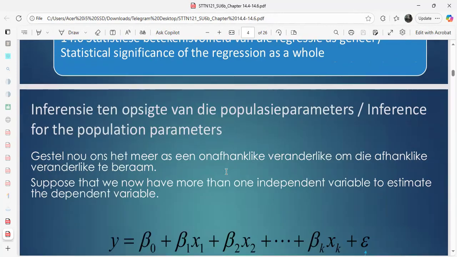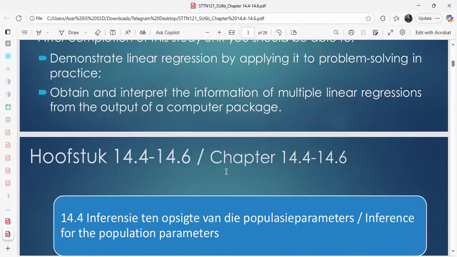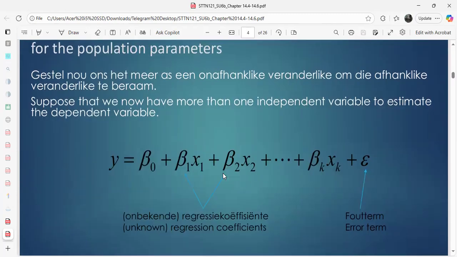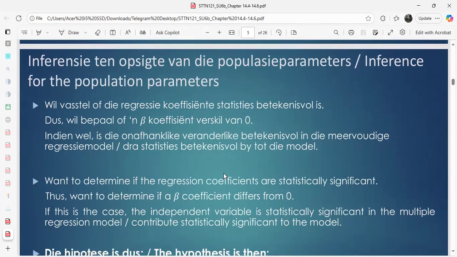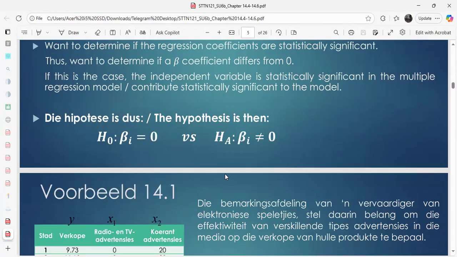I think it's 14.4 to 6. And another thing is to formulate the null and alternative hypothesis. Very, very important to formulate.